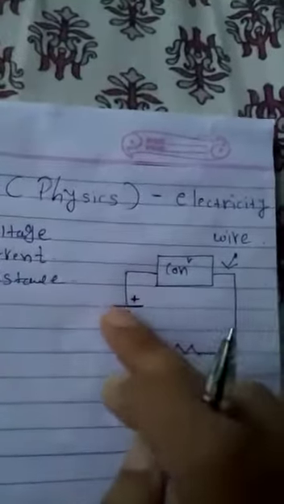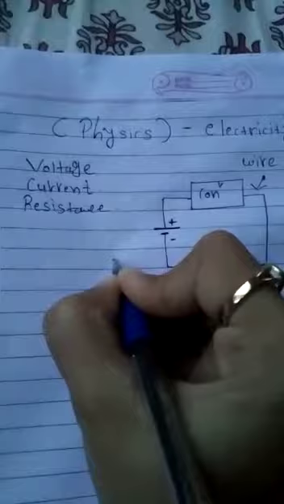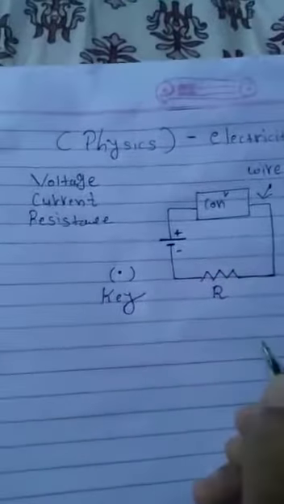All right, instead of this cell I can use what? A key. It's called a key.